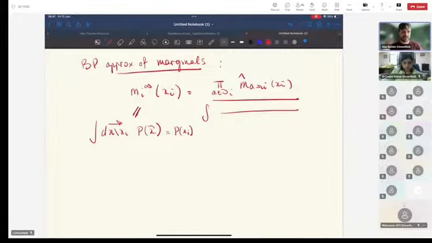There is one case where you can prove that this is really an equality. And this case is when the factor graph is a tree. Okay, so theorem.